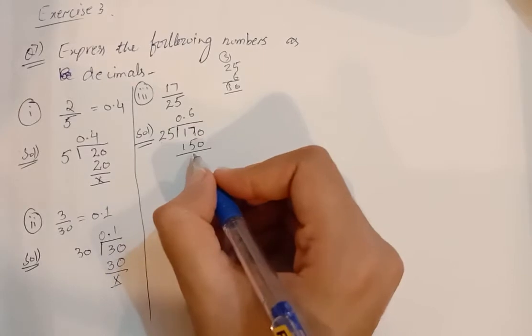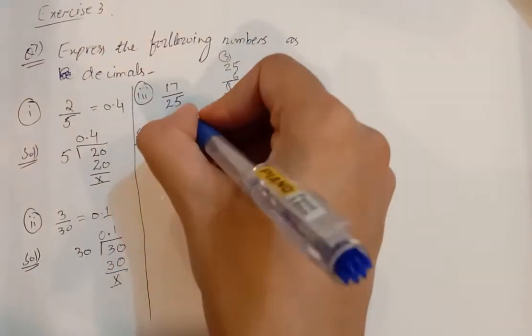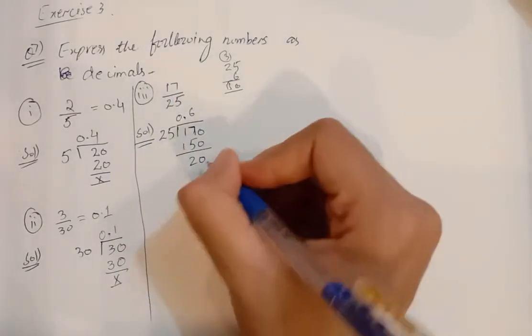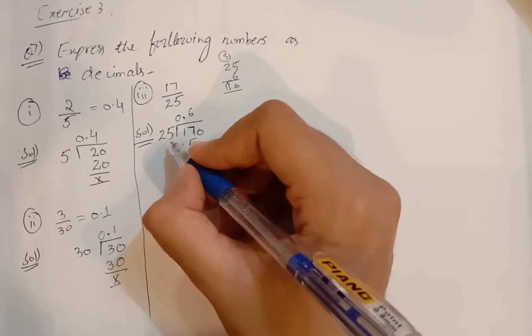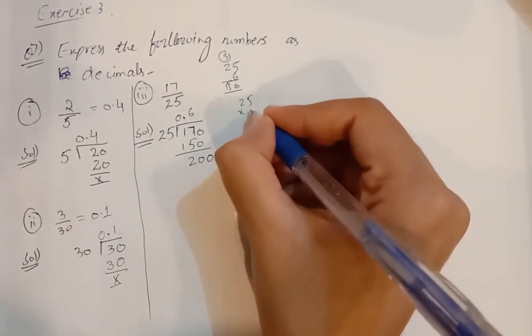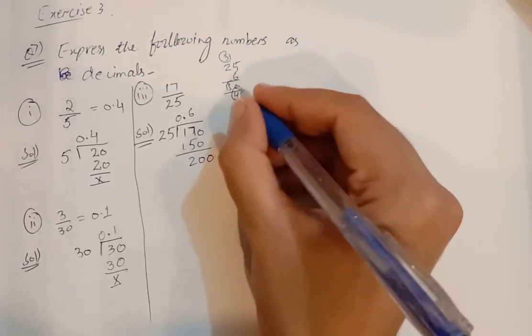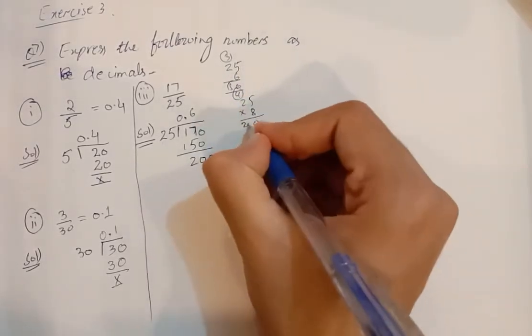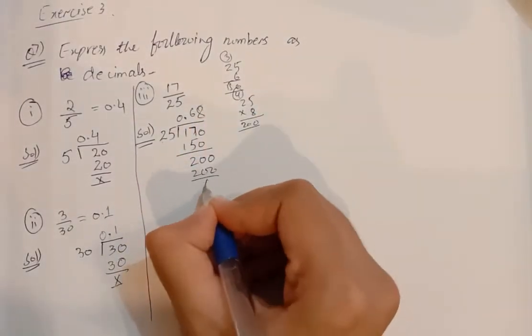The remainder is 50, 60, 70. The remainder is 20. Again here we can place a point. After placing a point, we place a 0. This is 200. So 25 multiplied by 8: 4 carry, 8 2s are 16, 17, 18, 19, 20. So if we multiply 25 with 8, the answer is 200.